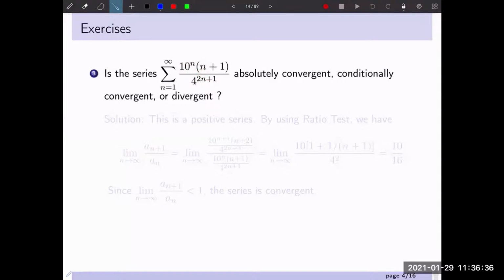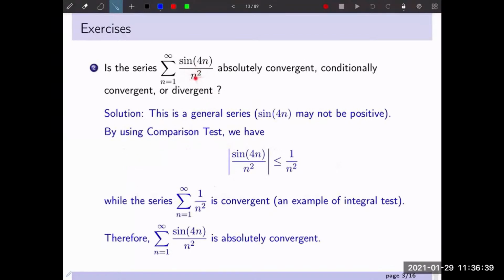Okay, when you meet n squared in such questions, so n is the base number instead of the power, you need to use the integral test or comparison test. Remember this, because when you have n to some power, n is the base number, so the ratio test would not give you a good result. If you consider the ratio test, you get a limit of the ratio to be 1. Okay, when the limit of the ratio is 1, you cannot conclude anything. So in this case, you should use the comparison test or integral test or other test.